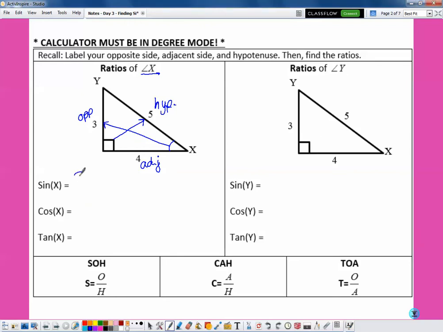So we get 3 over the hypotenuse of 5. When we see cosine, we think of CAH. Cosine equals adjacent over hypotenuse. The adjacent is 4 over a hypotenuse of 5.